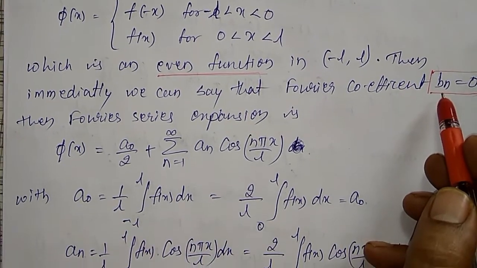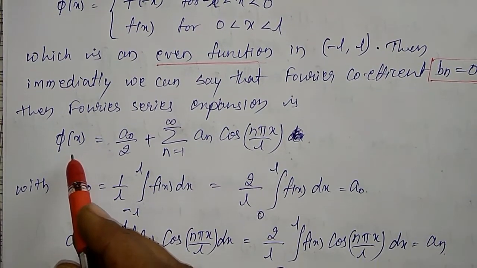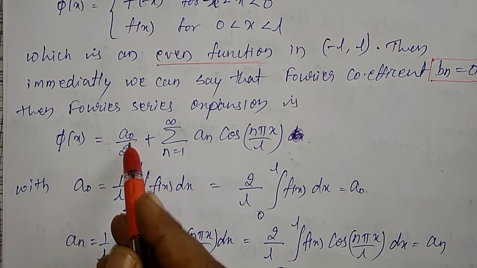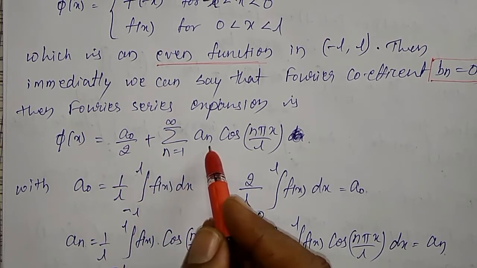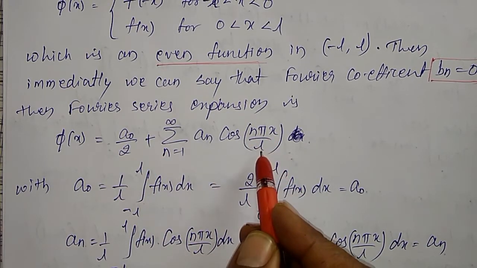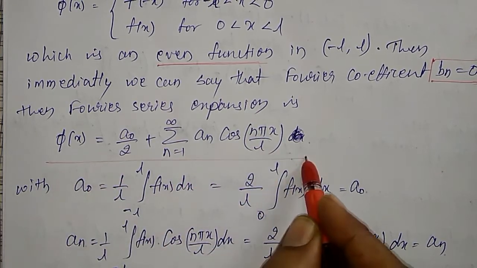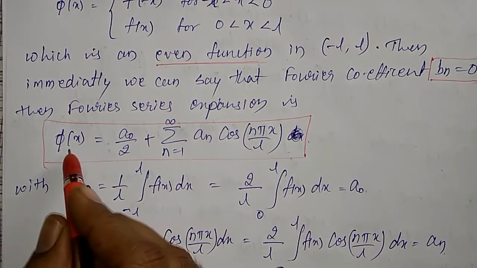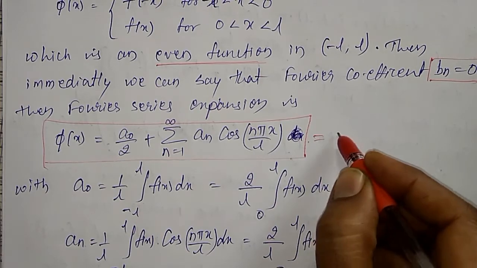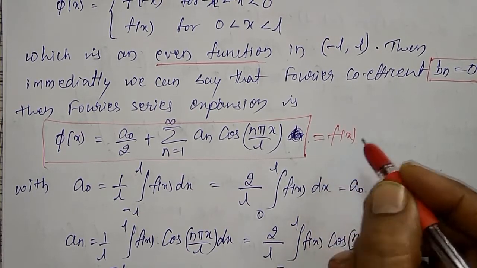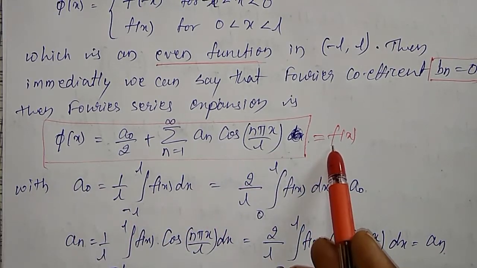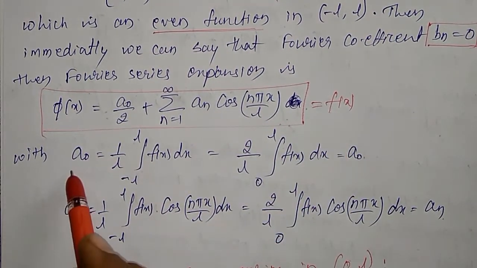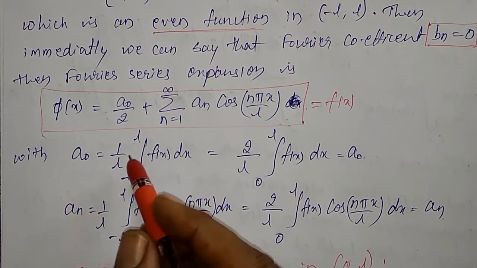If bn is 0, then the Fourier series expansion is given by phi of x equal to a0 divided by 2 plus summation n equal to 1 to infinity an into cos n pi x by l. This will become my Fourier series. Phi of x is the same as f of x, because I want it only for 0 to l. Therefore, phi of x I can write as f of x with the Fourier coefficients. Previously, how did I define them?